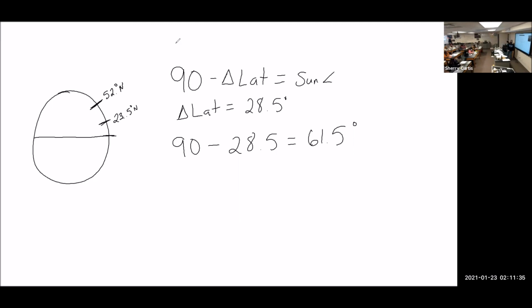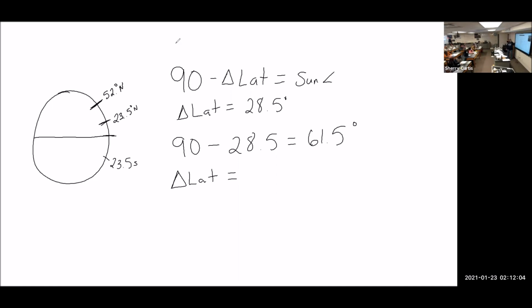Let's do winter. Where is the sun on the winter solstice? It's going to be 23.5 south, right? What is my change in latitude if you're here and Mr. Sun's clear down here?